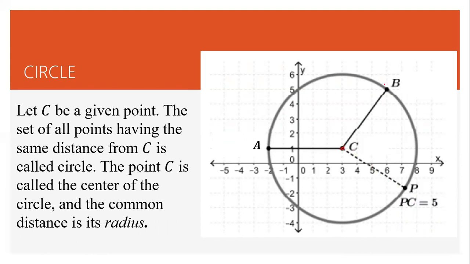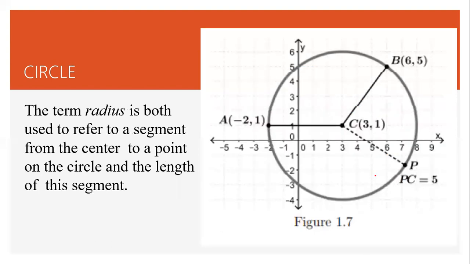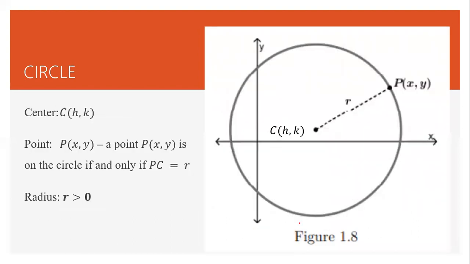So from the center going to any point on the circle, that's congruent, equidistant. The term radius is used to refer both to a segment from the center to a point on a circle and to the length of this segment. That's radius.